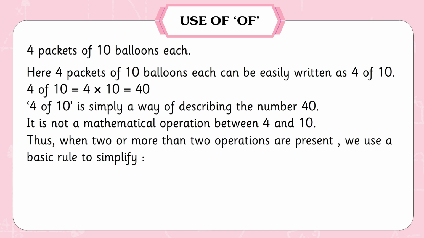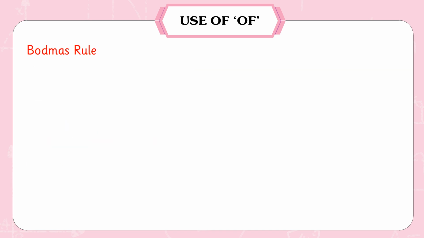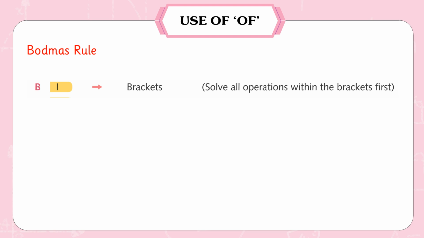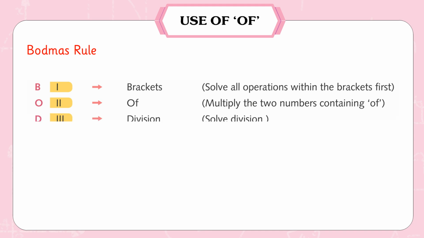Thus, when 2 or more operations are present, we use a basic rule to simplify. BODMAS rule. B, 1. Brackets. Solve all operations within the brackets first. O, 2. Of. Multiply the two numbers containing "of".